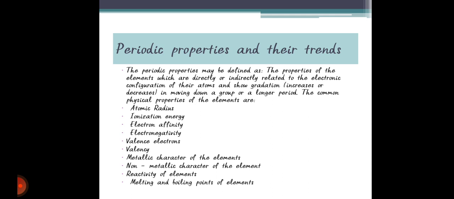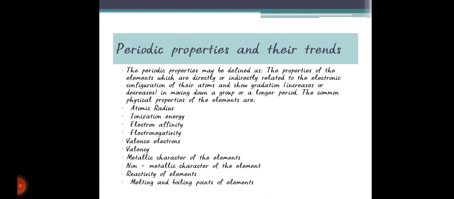As metallic character decreases across a period from left to right, reactivity also decreases. Although the reactivity of nonmetals increases on moving left to right across a period, we can conclude that reactivity gradually decreases up to group 13 and then starts increasing.